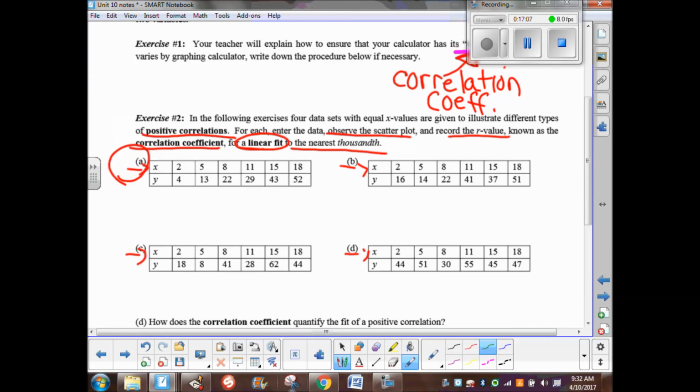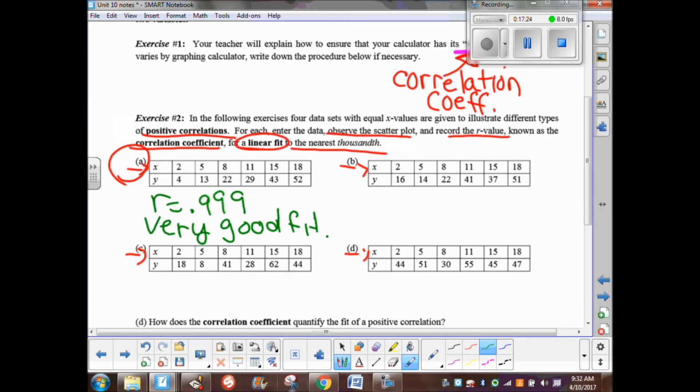So they want us to write down our R value to the nearest 1,000, and we would characterize that as a very good fit.